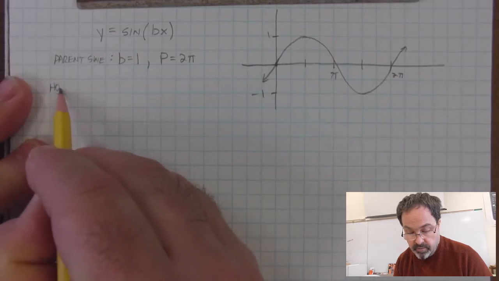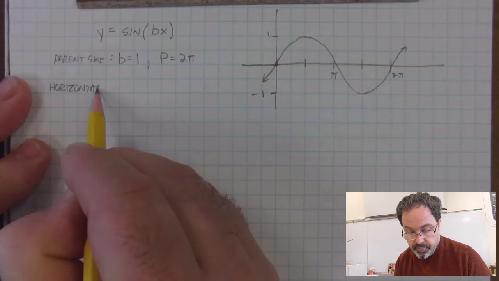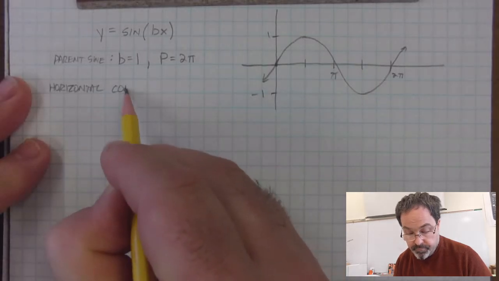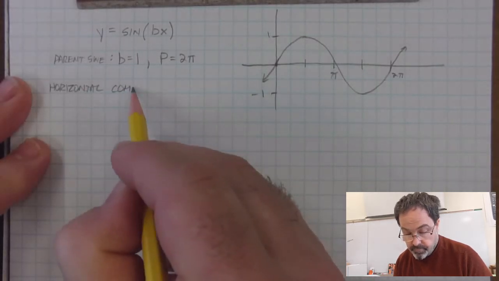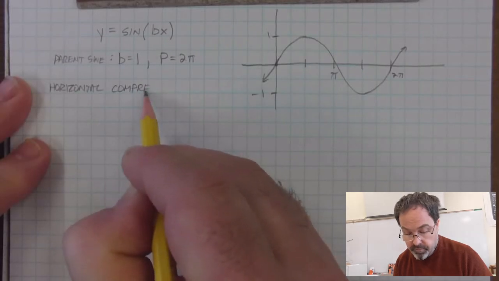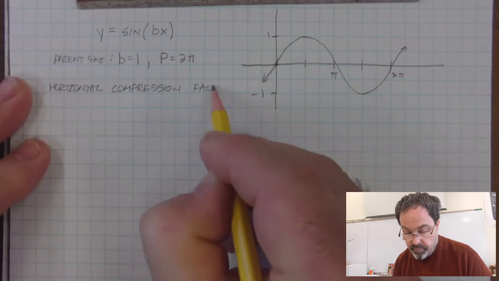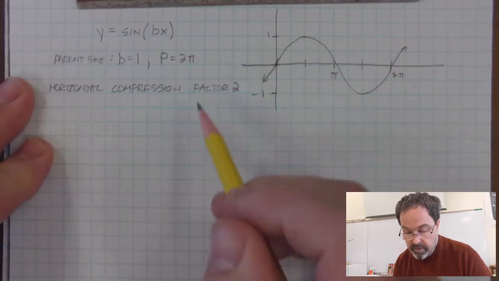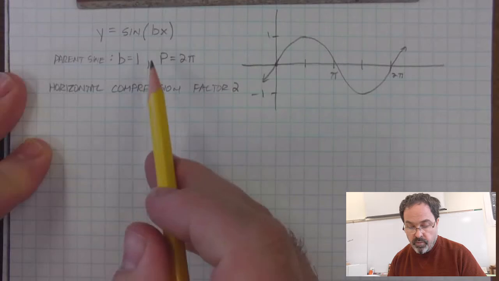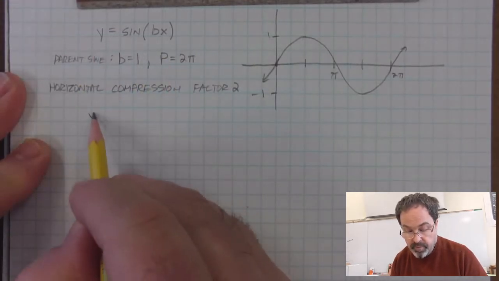We're going to get a horizontal compression, or if we wish to perform horizontal compression by a factor of 2, then what kind of equation are we going to have? It's going to be in this form.